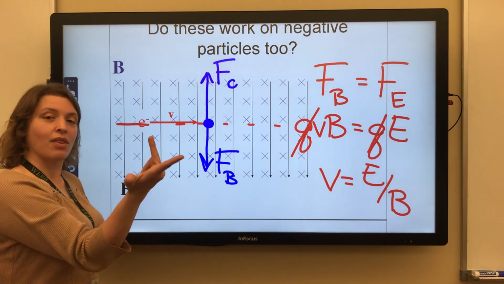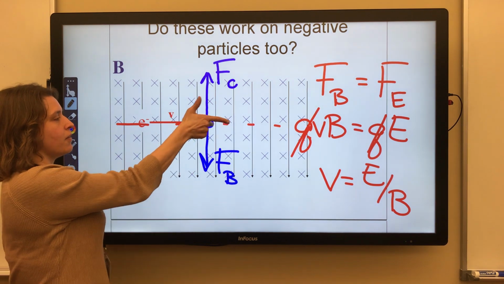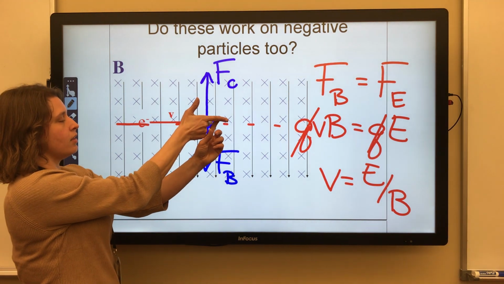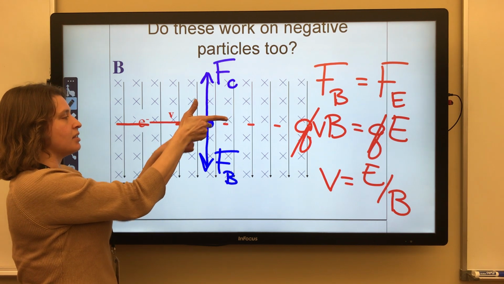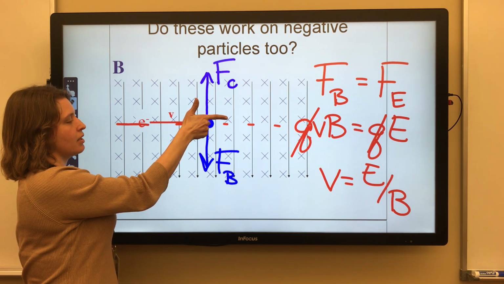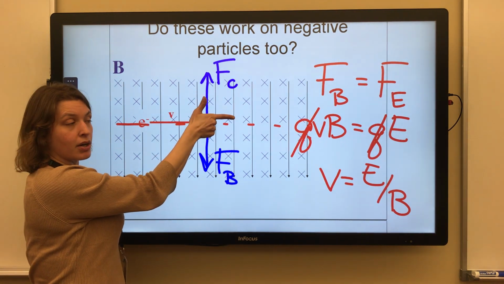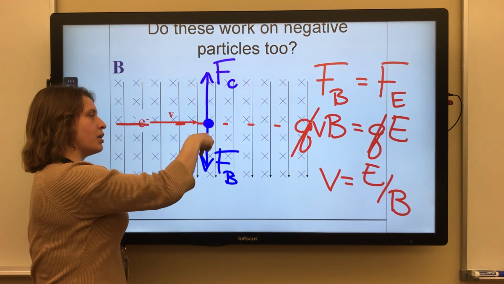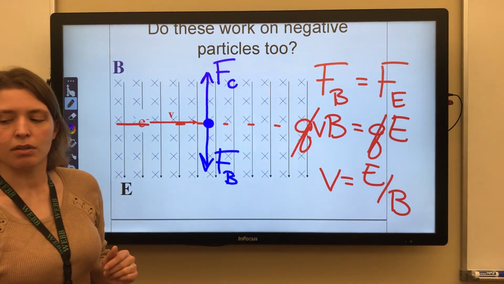I could do this formulation of the cross product as well, and so I'm going to line my fingertip this way with the direction of the velocity. I'll align my second finger with the direction of the magnetic field. My thumb now gives the direction of the force on a positively charged particle, but this is negatively charged, so it points downward. The identity of those forces is flipped, but they're still balanced with one another.